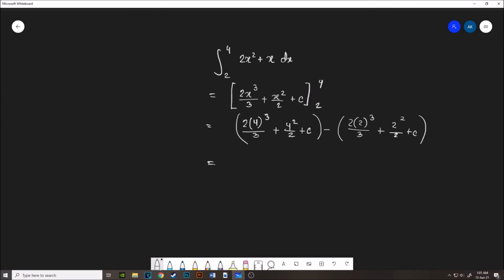One interesting thing to notice here is that if you break this bracket, this c and this c will cancel out. That is why it is not necessary to put a plus c during definite integration. This is not wrong, but it will just cancel out. So it is not necessary to write this c in your integral. You will get the answer using your calculator.